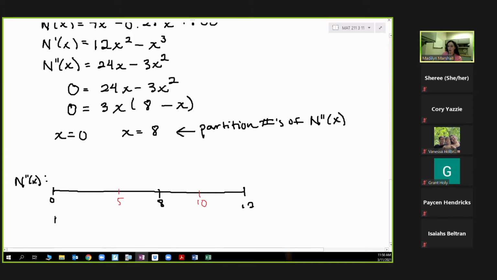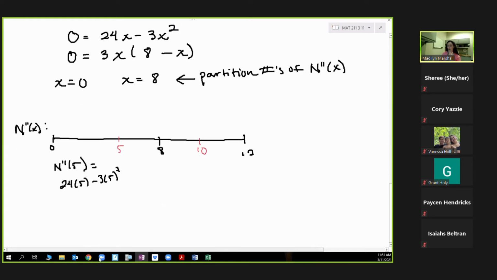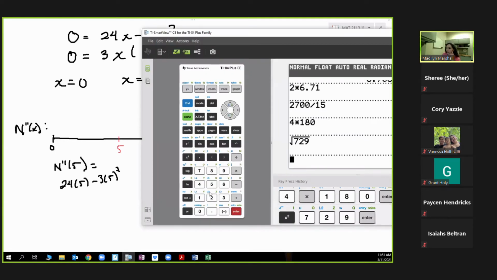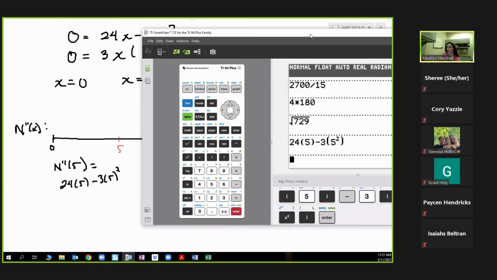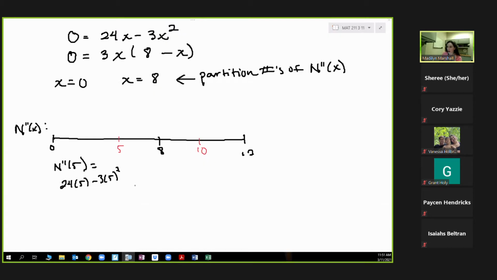And we would put those into n double prime. I have a calculator on this computer. So we have 24 times 5 minus 3 times 5 squared, which is 45. So we have a positive number for that one.